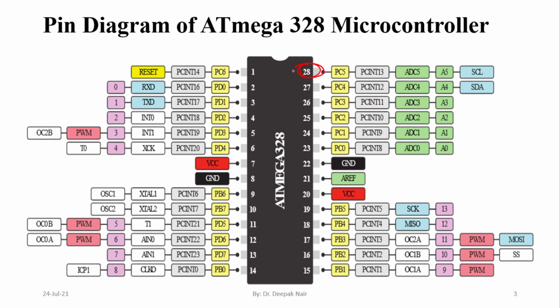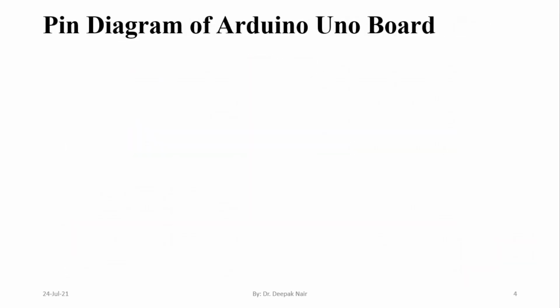Here you can see there are 28 pins in this microcontroller, and different pins in the microcontroller can have so many different functions. We will cover these functions in the coming video lectures.